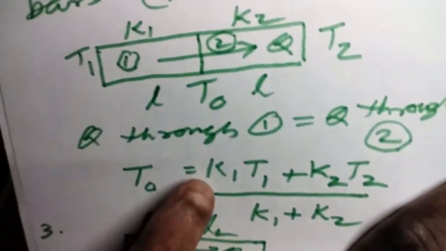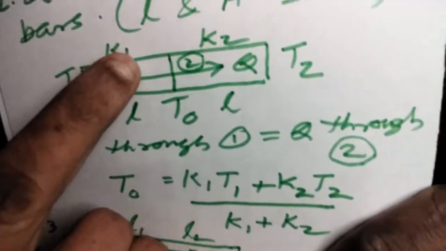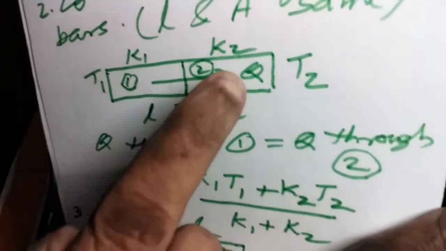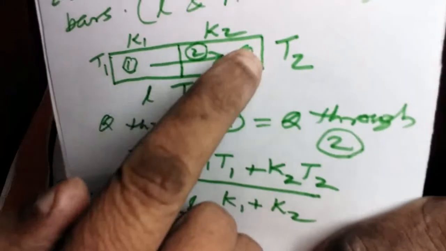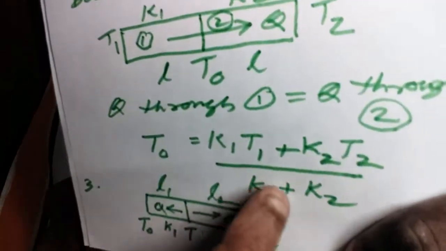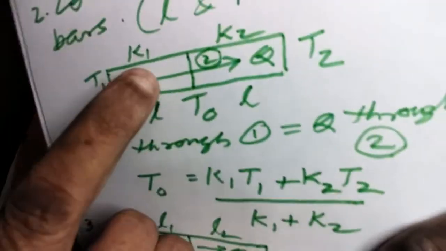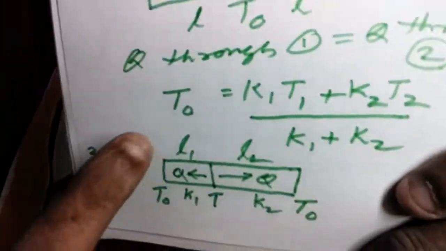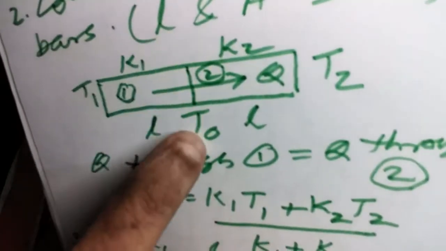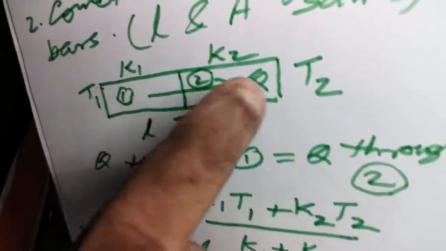T0 equals (K1 T1 plus K2 T2) by (K1 plus K2), where K1 and K2 are the thermal conductivities of these two materials. This is the formula for the temperature of the junction of the two materials.